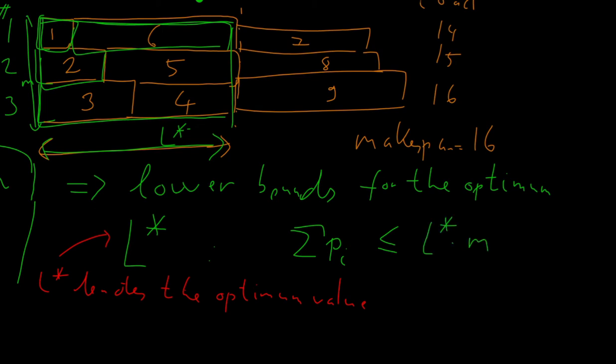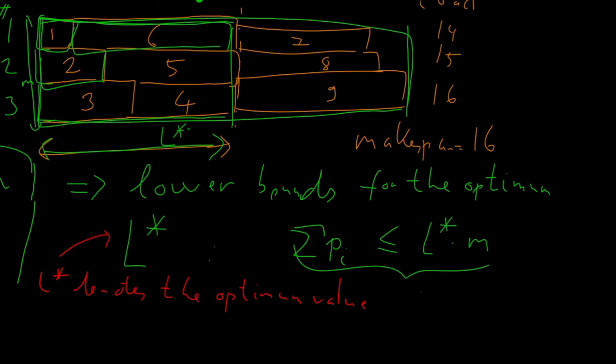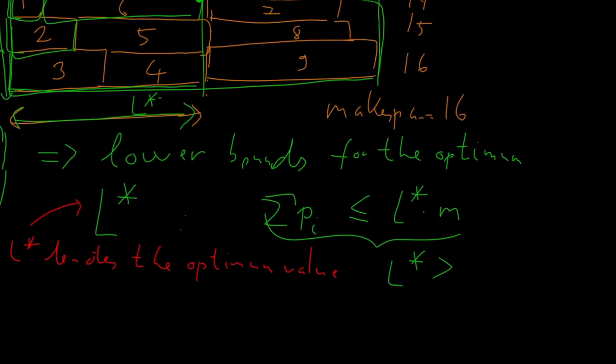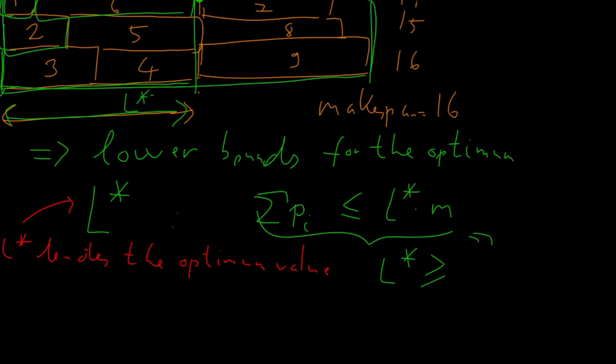Because L star times m is the area of the large rectangle into which we packed all these smaller rectangles having a total area of sum of p_i. Now by rearranging we get that L star is at least as large as the sum of the p_i's divided by m. So that's one bound we could use.